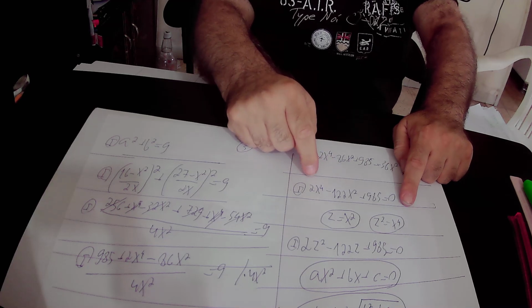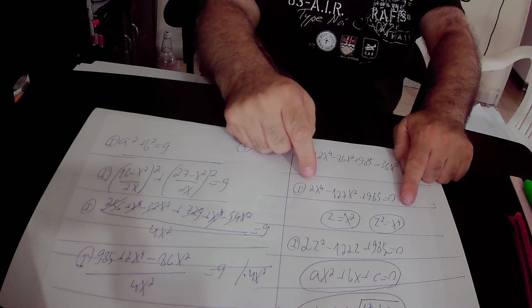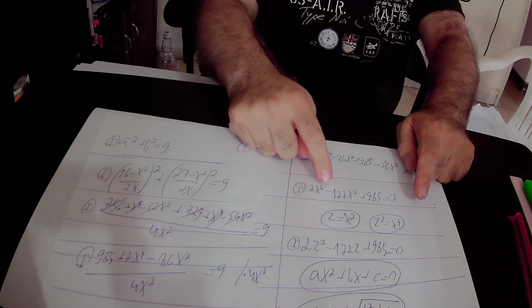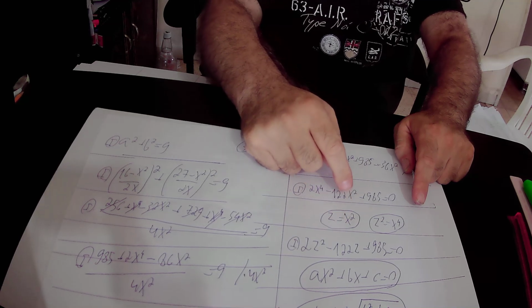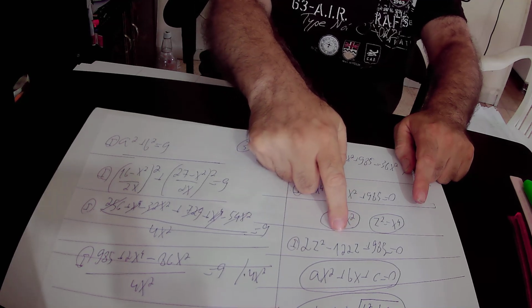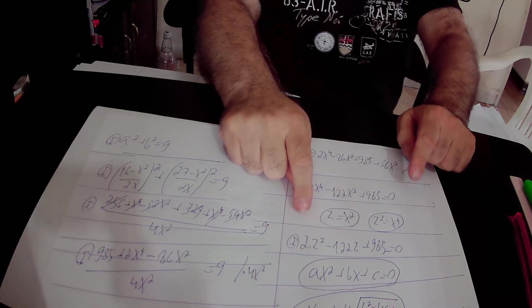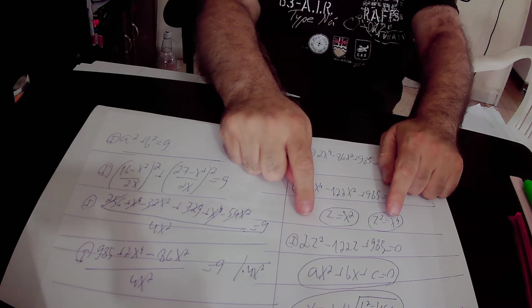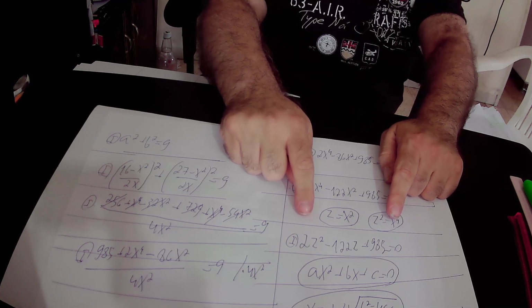Therefore, 2 times x to the power of 4 will be equal to 2 times z squared, and x squared is z, so we substitute and get 2z squared minus 122z plus 985 equals 0.